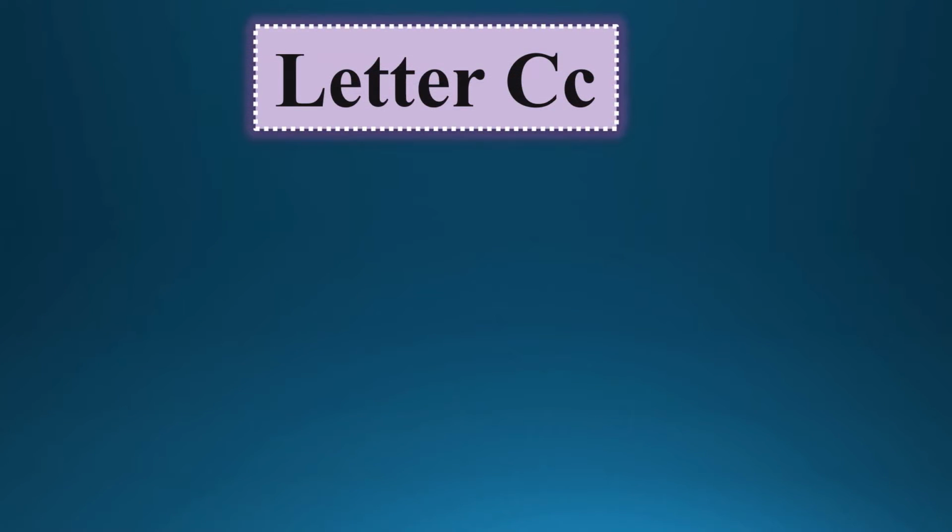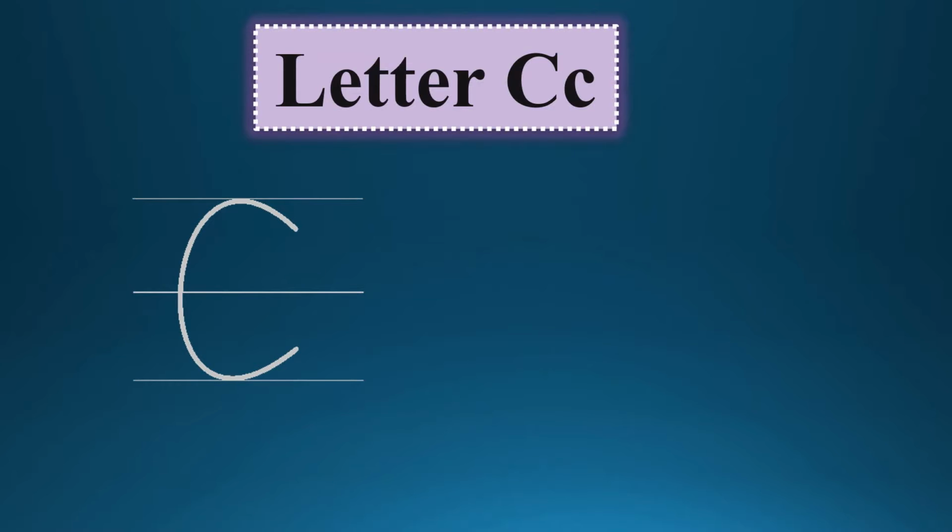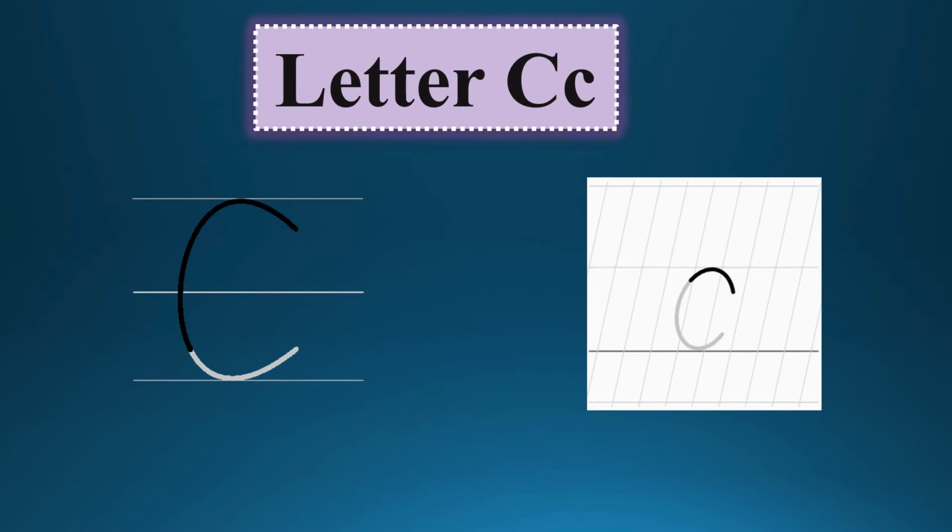This is our next letter, letter C. Capital letter C and small letter C. As you can see in the picture, this way we write the letters. And its sound is k, k, k. Repeat with me, k, k, k.